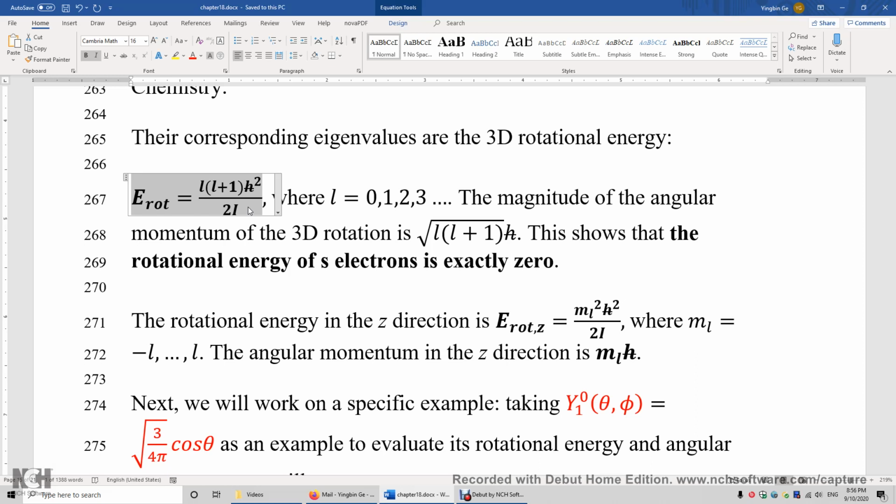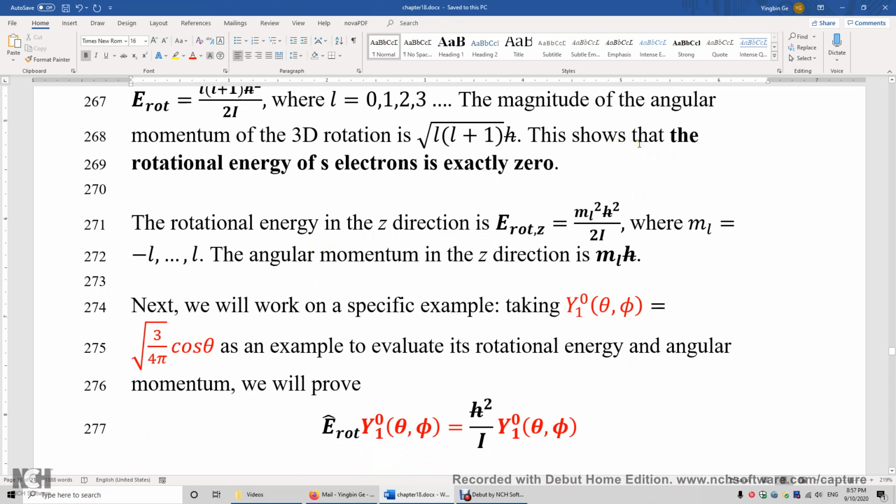You do not need to know the value of I to calculate the angular momentum, because the rotational energy is the angular momentum squared over 2I. So really, this numerator is angular momentum squared. Therefore, the magnitude of the angular momentum is this. The square root of L times L plus 1 times h bar. So by looking at this h bar, you know the unit of angular momentum is joule per hertz, or joule times second.